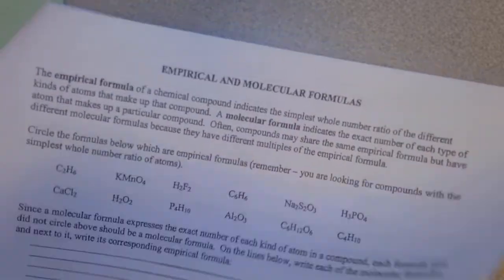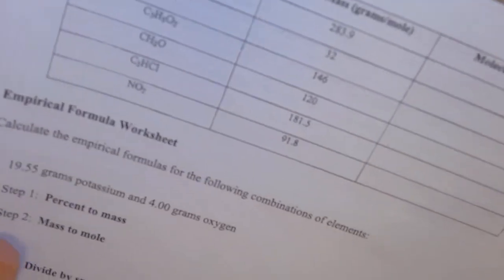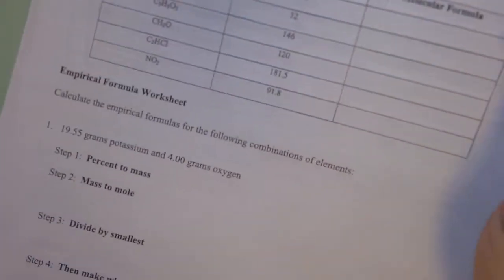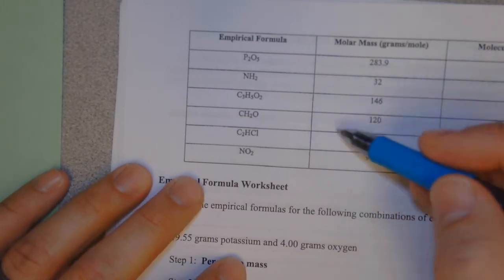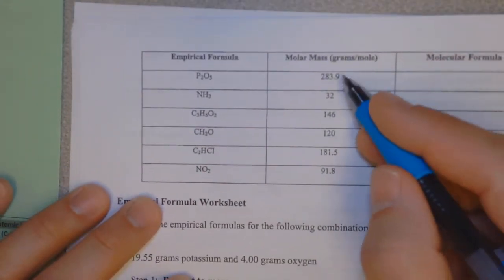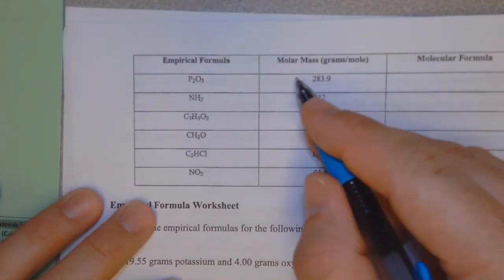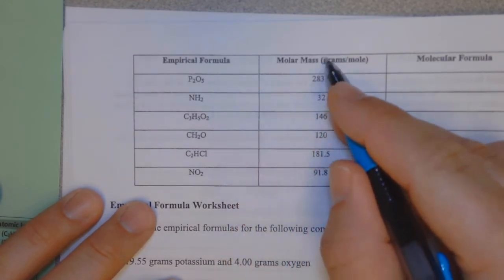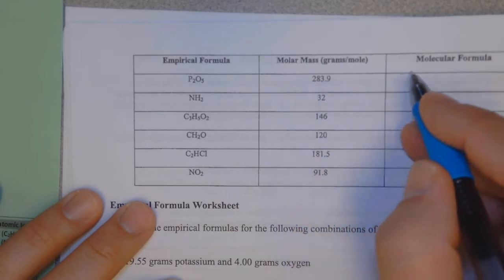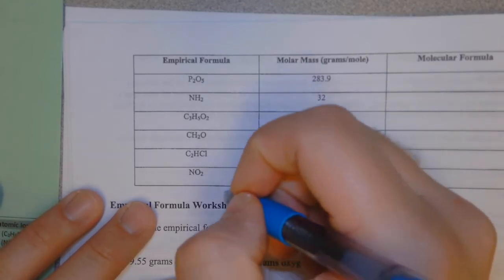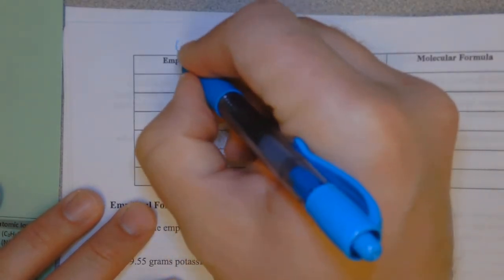If I go to page 22, this is a really good section, because you're going from an empirical formula to a molecular formula using the molar mass of your molecular formula. In this case, your empirical formula is given.